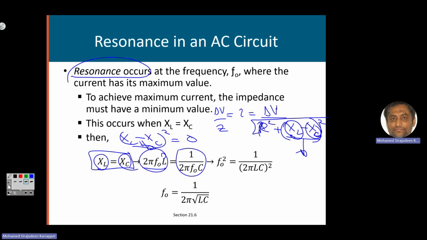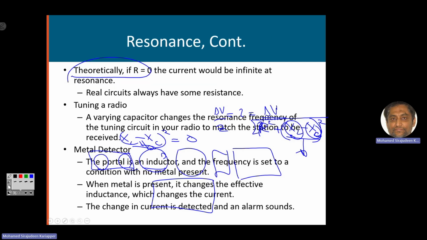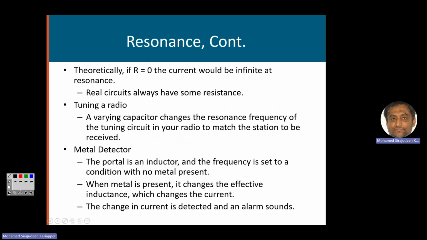We substitute and do some algebra, then you get the expression for the resonance frequency. So now we know how we can get the resonance. The moment we make the frequency equal to this value for the given RLC circuit, which is a function of L and C, that is where we get the resonance.